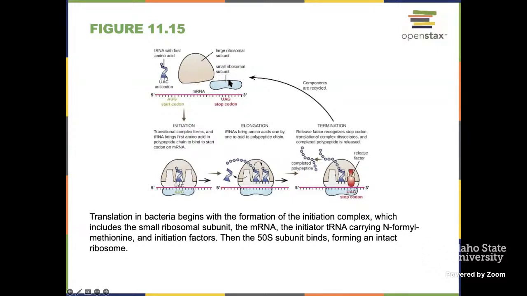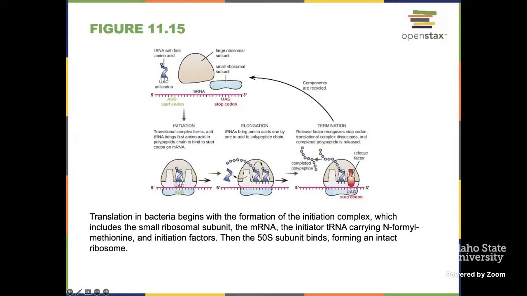The small ribosomal subunit recognizes it and makes contact. Once this has happened, the large ribosomal subunit sandwiches over that transfer RNA, and this is the initiation when it all gets linked up. You can see our initial transfer RNA is in the middle position of this ribosome. This is where we're starting.